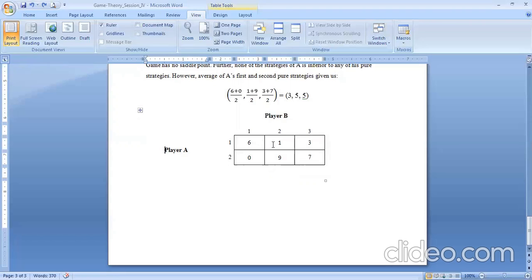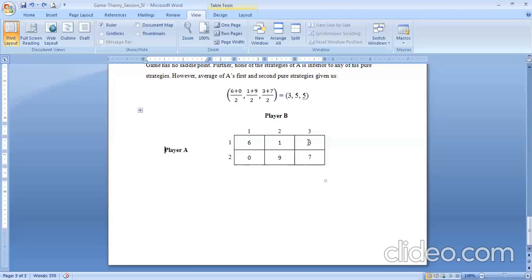6 plus 1 is 7. The average of this one is 3.5, and the average of this one is 4.5. 3.5 is greater than 3, but 4.5 is less than 7. Again, no comparison between the average of 1 and 2 with 3.